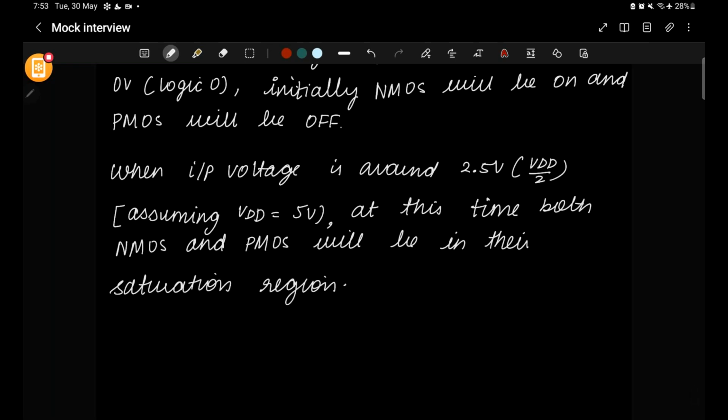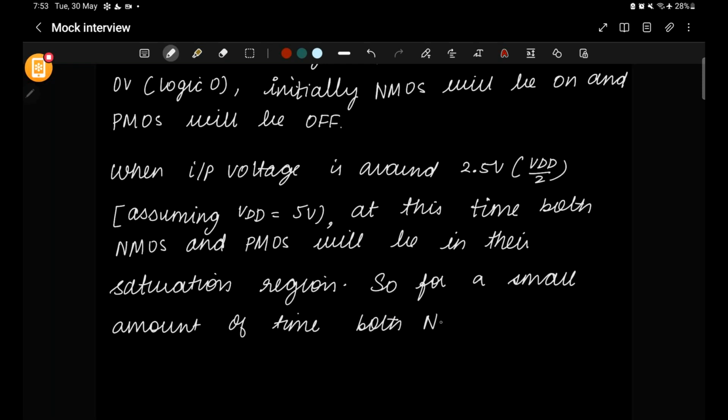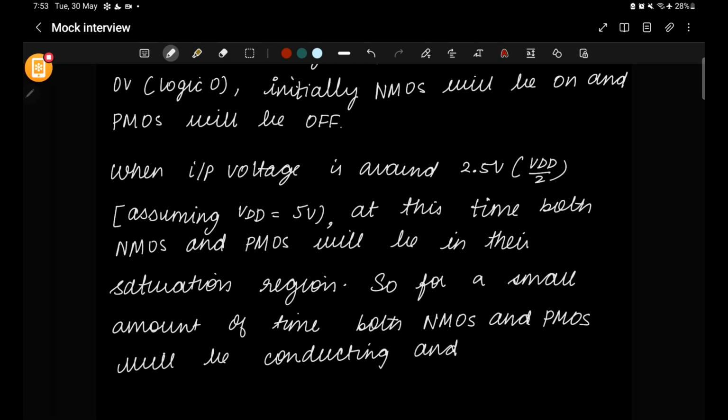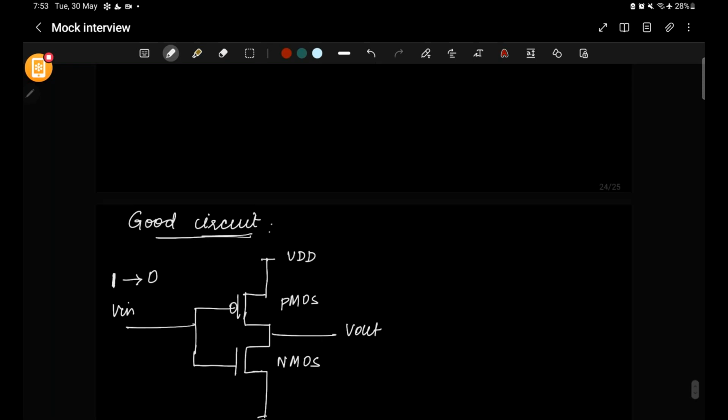So for a small amount of time, both NMOS and PMOS will be conducting. Both are on when Vin is equal to VDD by 2.